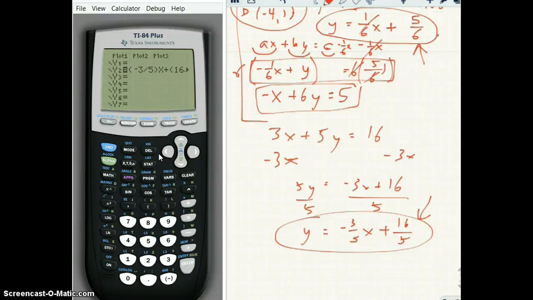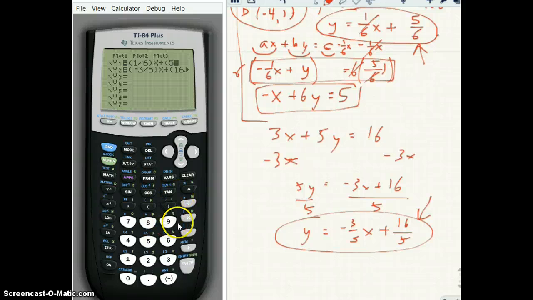The first one I'm going to put in is 1/6x plus 5/6. I do that with parentheses. It's good to use a lot of parentheses when you do fractions because you always want to control what's being done first. So 1/6x plus 5 divided by 6.